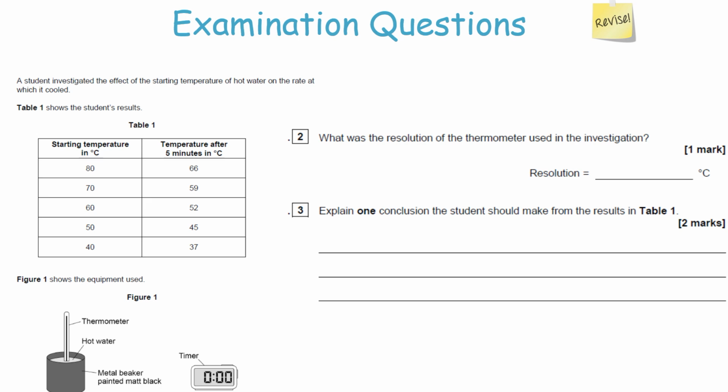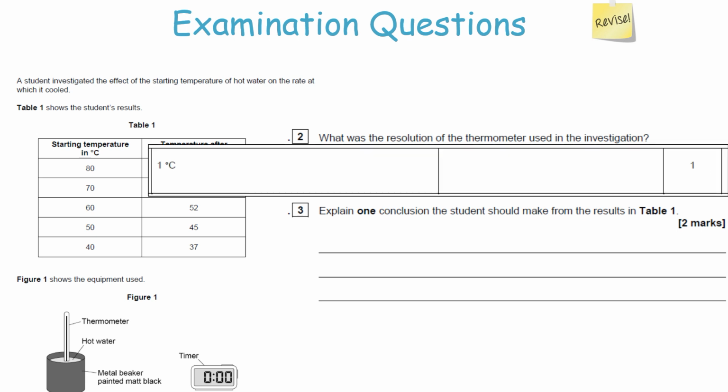And then secondly, you can see what the difference would be between the numbers given. So you can see that the difference could be 1 degree, because you can go from 37 to 38 to 39 to 40 to 41, 42, 43, 44, 45, and so on. So the resolution is the smallest interval between values on your measuring device. So the thermometer in this case is going to be 1 degree Celsius.